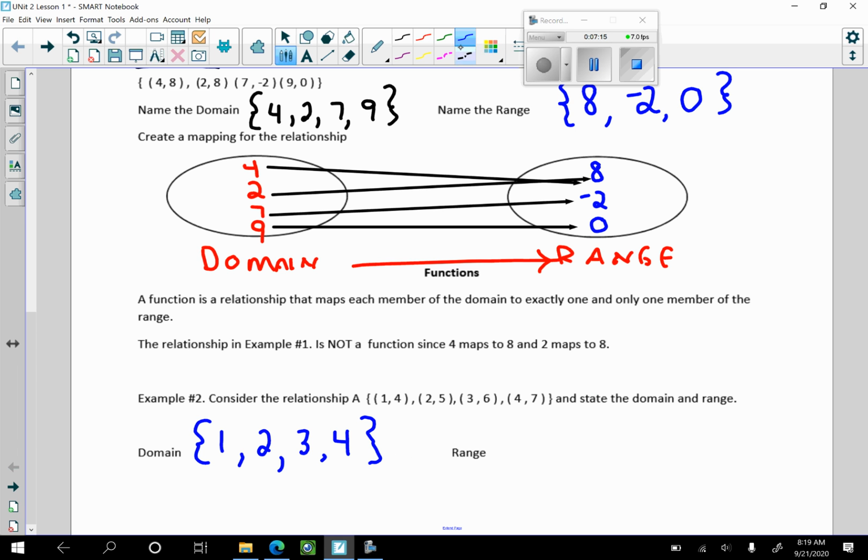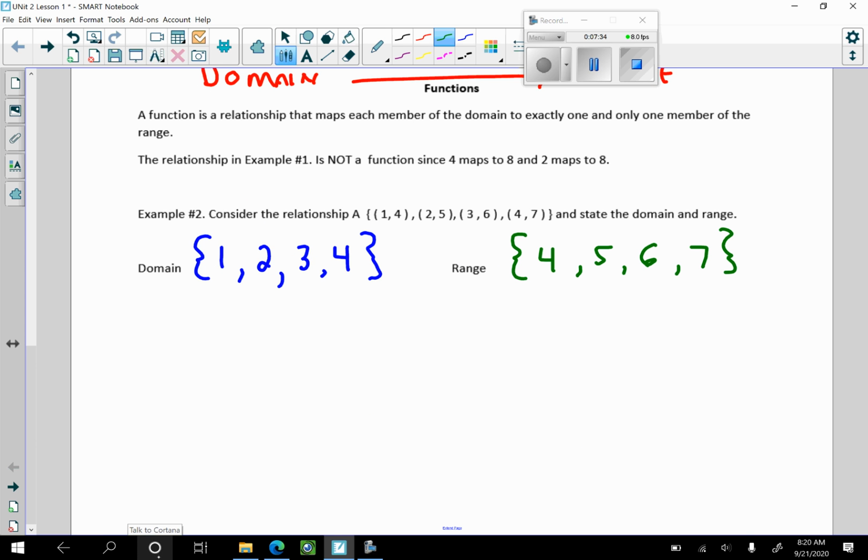The range, I go green for range: 4, 5, 6, 7. And note here that each member of the domain maps to a distinct y.